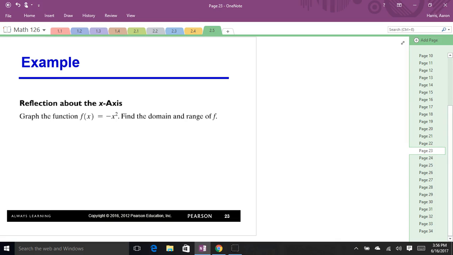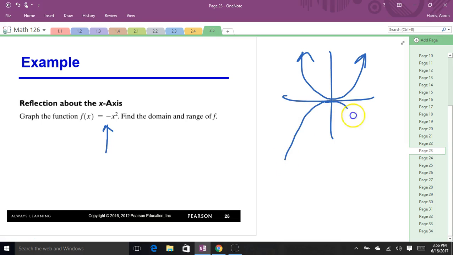Alright, now reflections. First of all, a reflection about the x-axis. If you put a negative in front of the original function, so here's our x squared, it reflects it about the x-axis, so it looks the same but flipped over. If you plot some points, plug in 0: 0 squared is 0, negative 0 is 0.